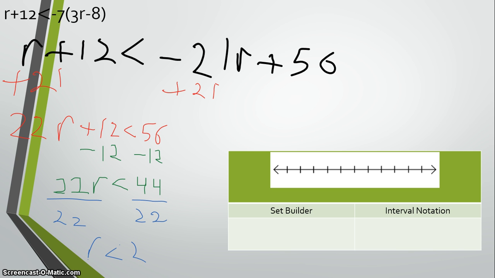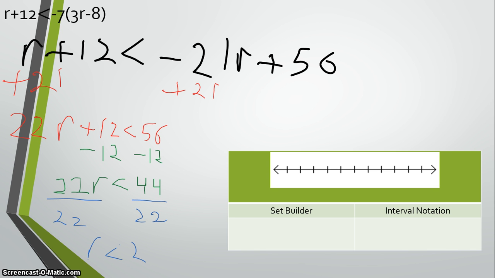So for the number line, we have to find out whether we put an open circle or a closed circle in the middle. Basically, an open circle is if it's just less than or greater than signs in the equation.